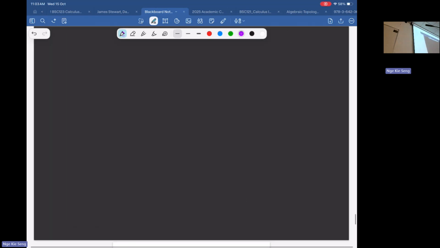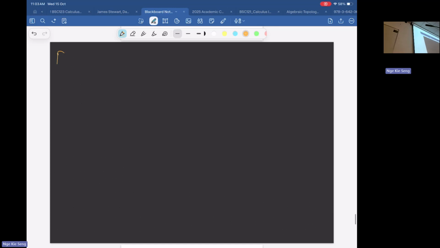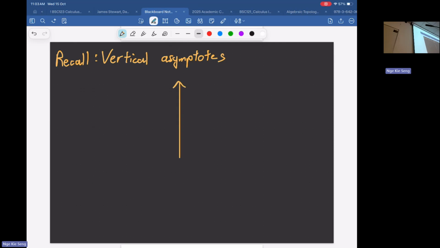Okay. Let's start. Recall that last time we talked about vertical asymptotes. Recall a very standard example. One example you should remember is tangent x.